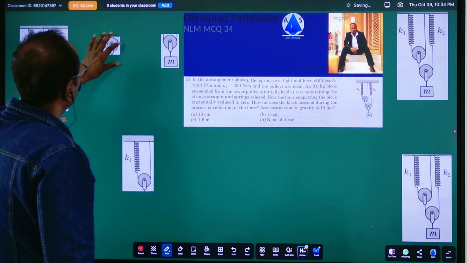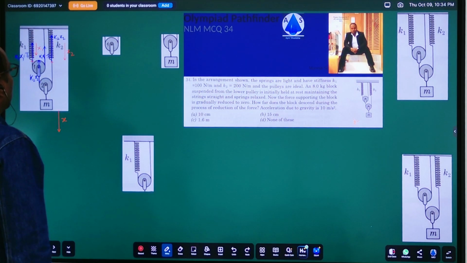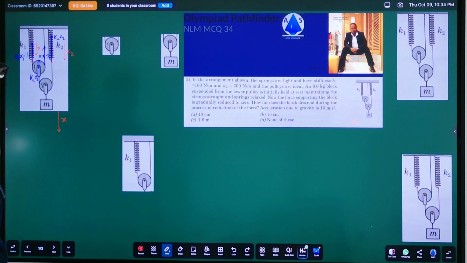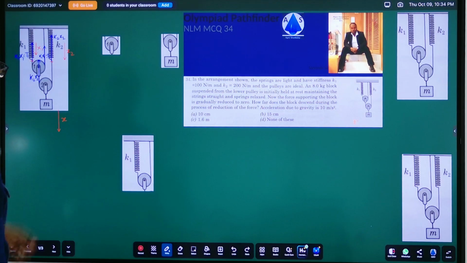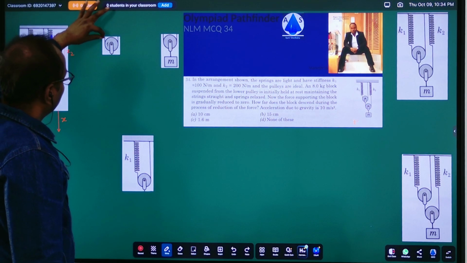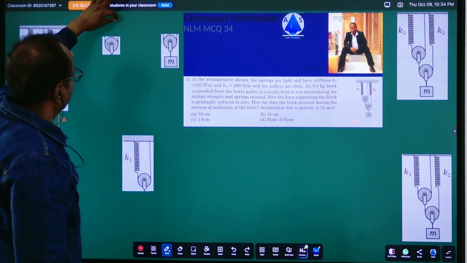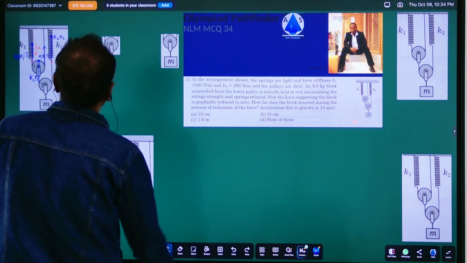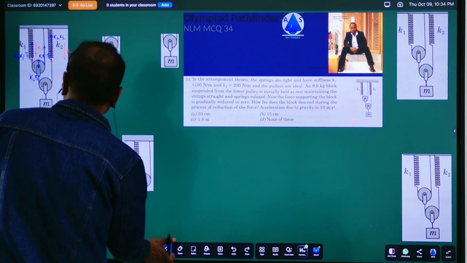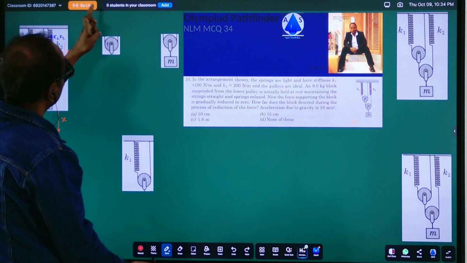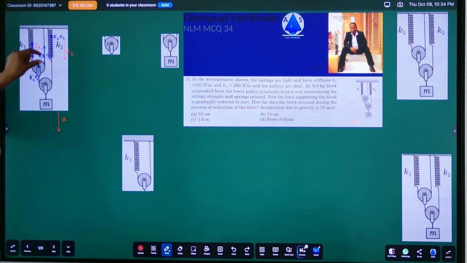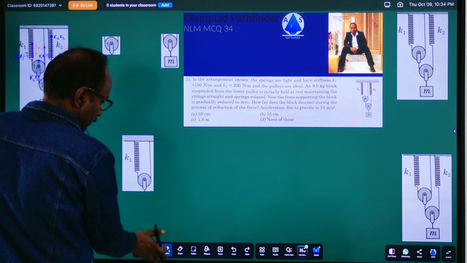So this is the free body diagram of number 1 pulley. On number 1 pulley, which forces are acting? Those forces will be due to the tension in the string, and tension in the string is K1 X1 on both sides.